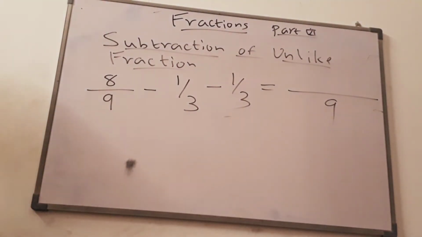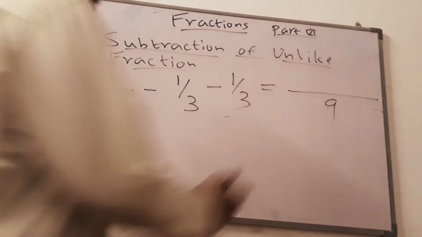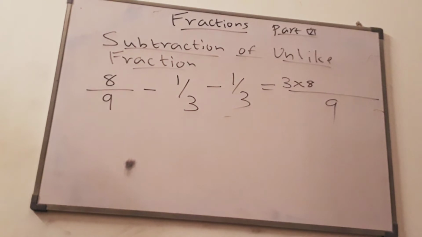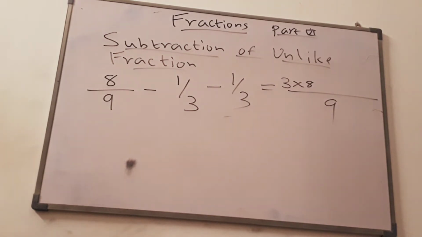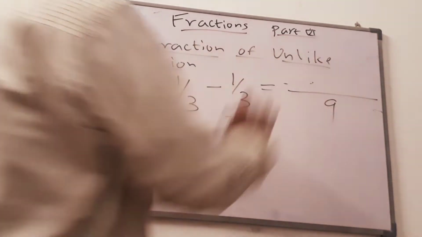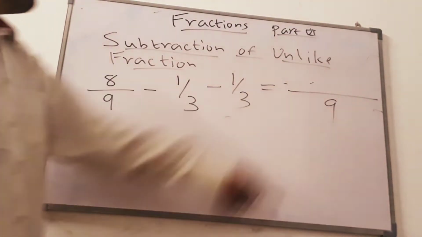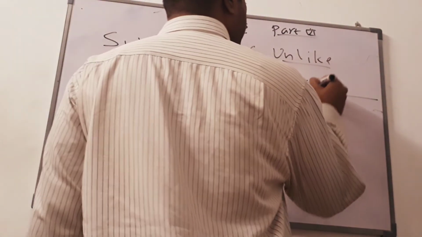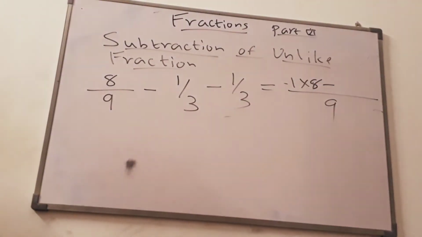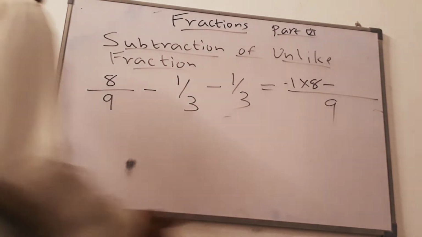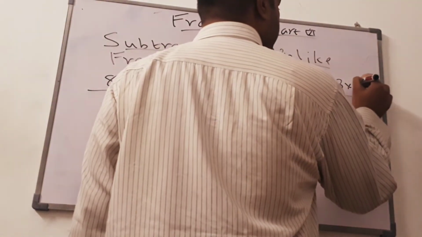How many 3's are there in 9? 3 3's. Then, sorry, first we have to find how many 9's are there in 9. 1 9, then we multiply 1 by 8. Minus, then we check how many 3's are there in 9. 3, then it is 3 times 1.